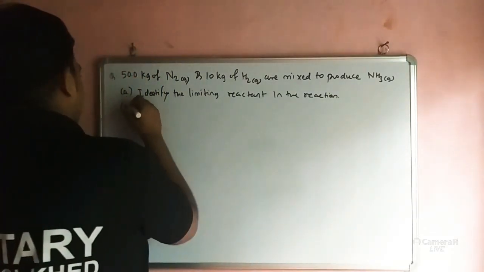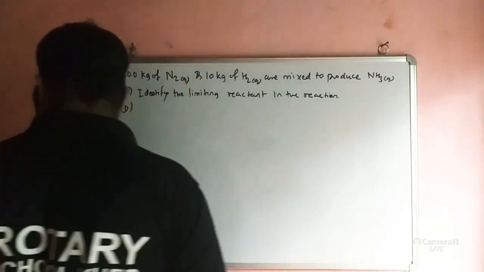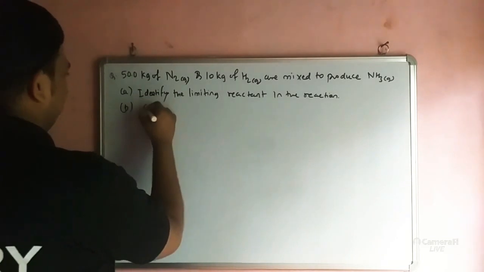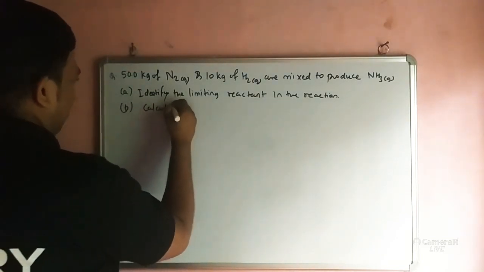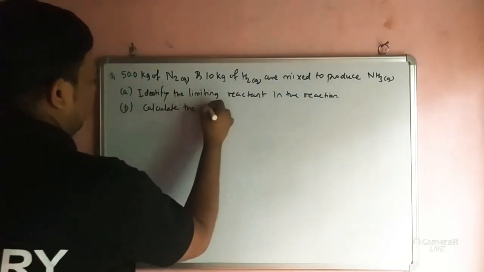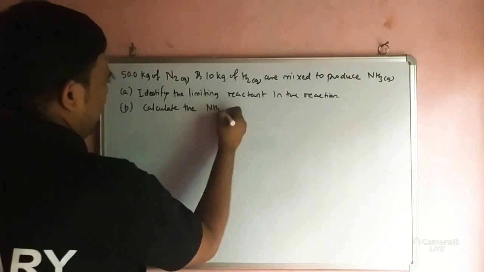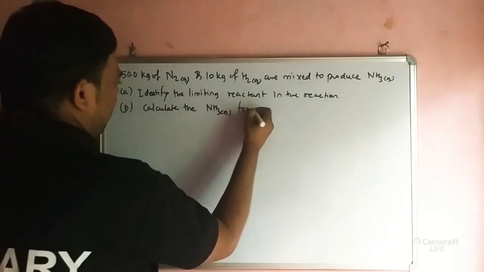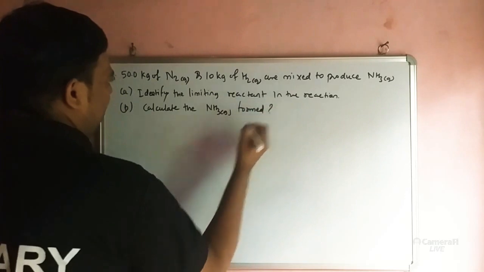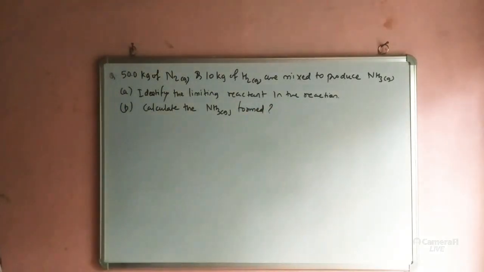And small b: calculate the ammonia gas formed. So this is our numerical. You have to rewrite this properly, whatever your numerical is.